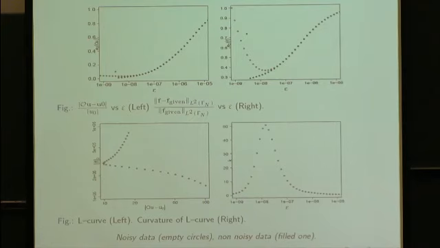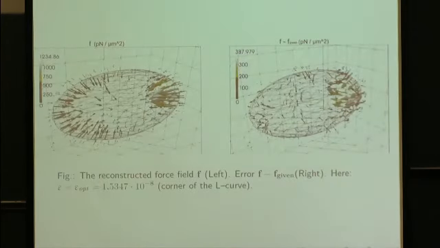What we can see is that the error on the force field is more or less 40%, and what we have also observed is that the epsilon at the corner of the L-curve is very close to the epsilon that minimizes the discrepancy between calculated and given force, fortunately.